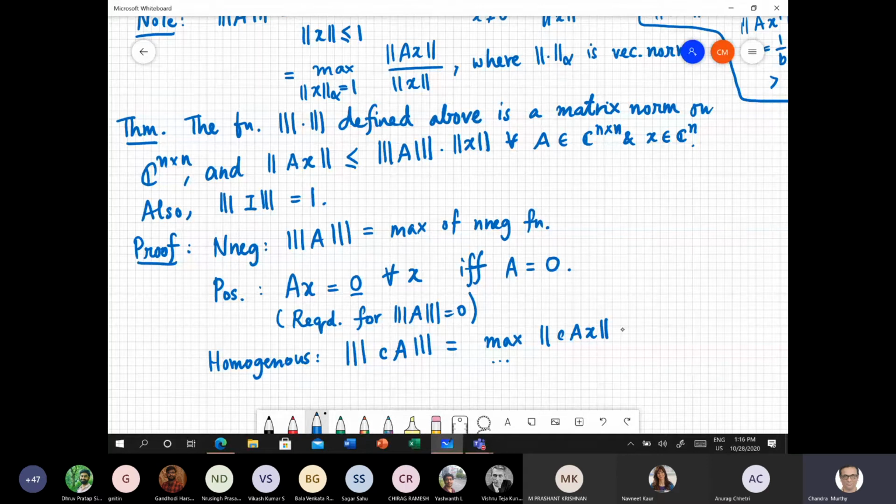And this is a vector norm, so I can pull out the c and write this as mod c. This mod c doesn't depend on x, so I can in fact pull it out of the max also, times the max of norm of Ax, and this by definition is mod c times norm of A. So it does satisfy the homogeneity property.